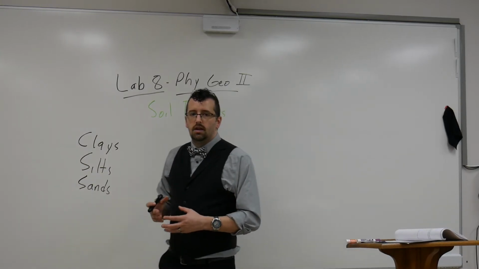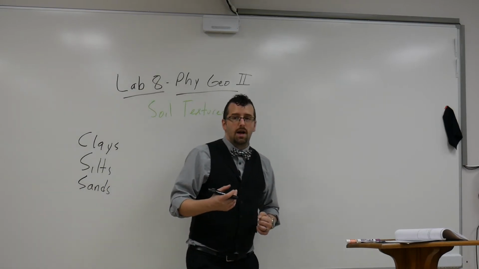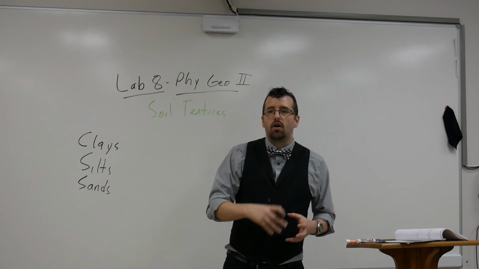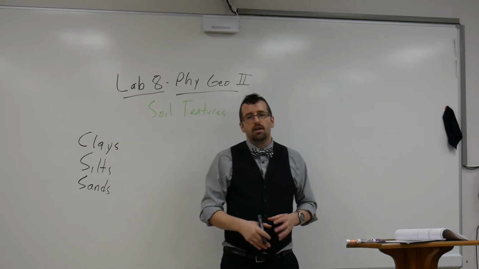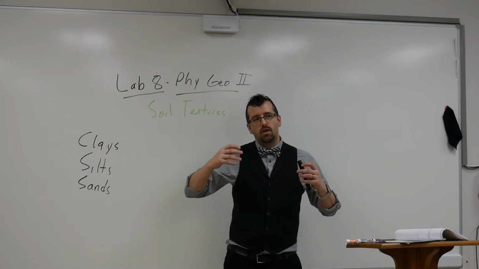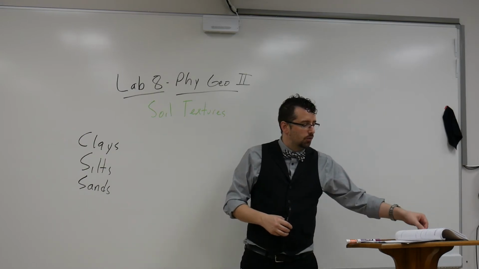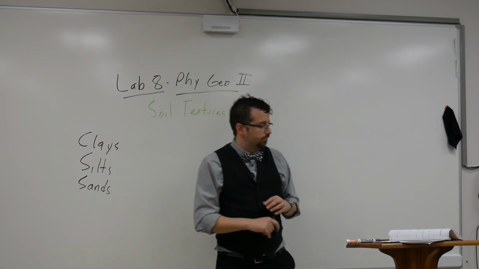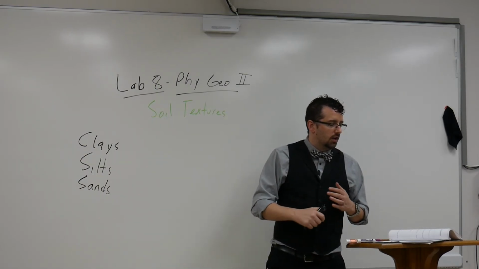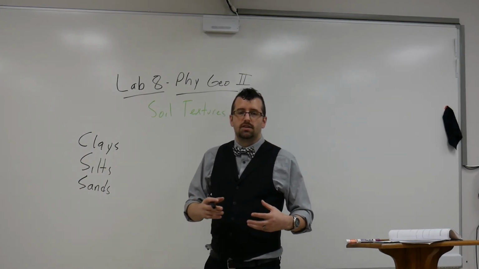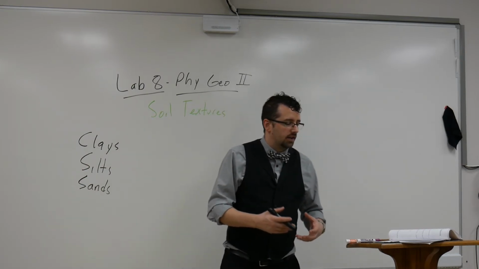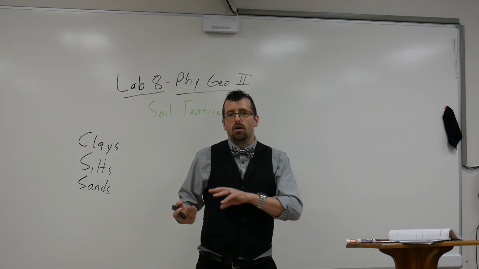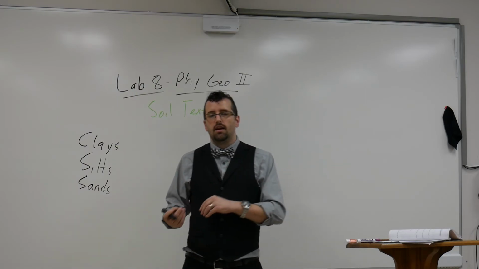So what you're going to do from here in your lab is use this chart. Looking ahead at your turn-in assignment, you will be asked to take a percentage, like 75% sand, 10% silt, and 15% clay, and then ask where that falls within the chart.